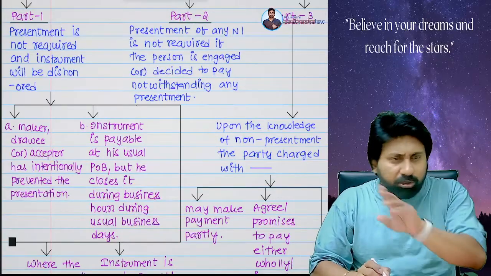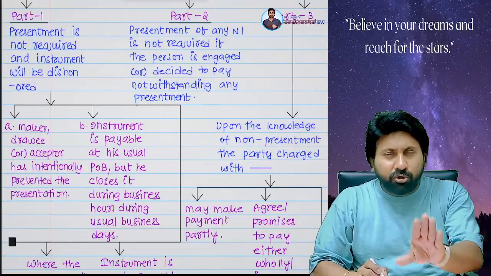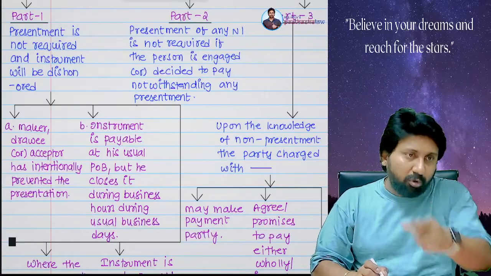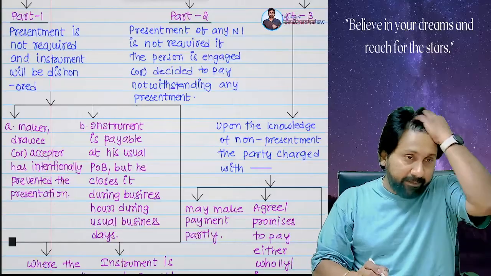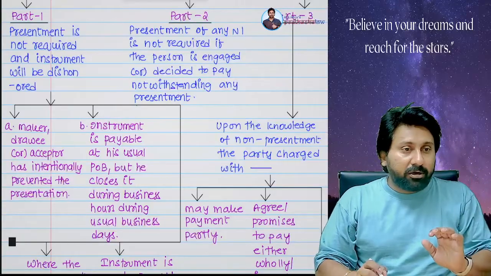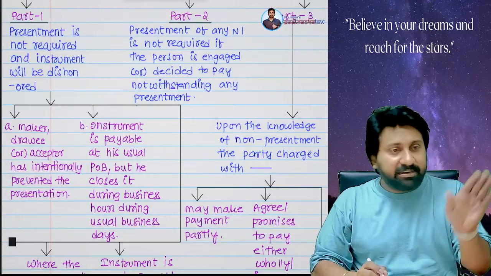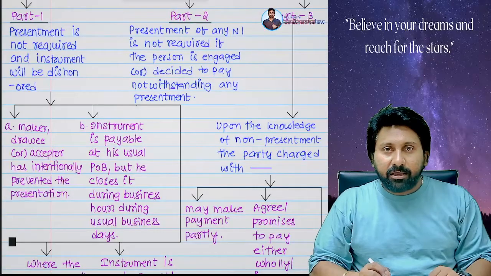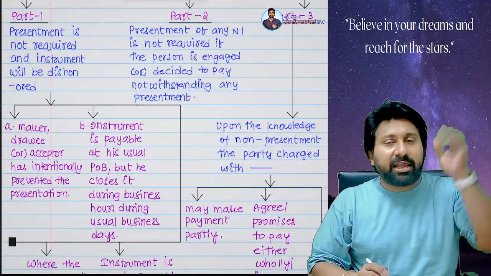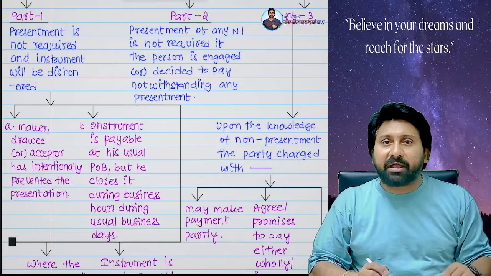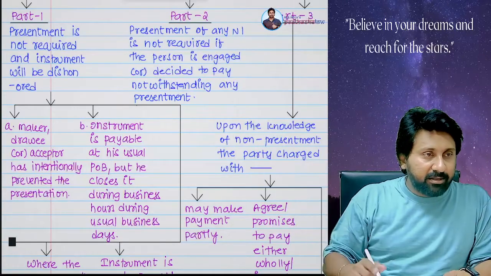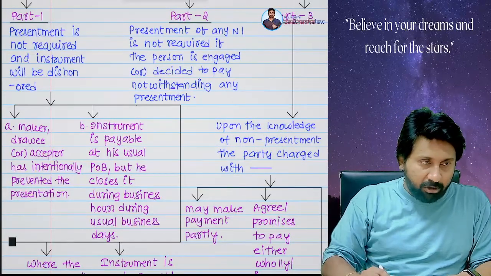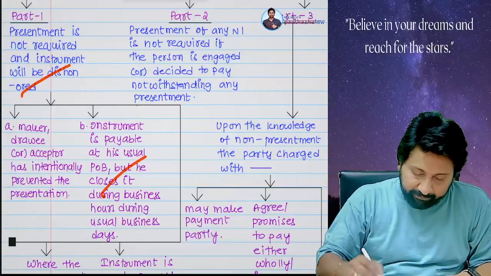Normal, no festival, no Sunday, nothing. Normal working day. During business hours, I came. You closed it. And you said me, come on that day. You said, please come to me on 21st August. No Sunday, it's Wednesday. And I came at 11:30 a.m. in the morning. Peak business hour time. You close the shutters. Presentment is not required. Automatically, it will be dishonored.